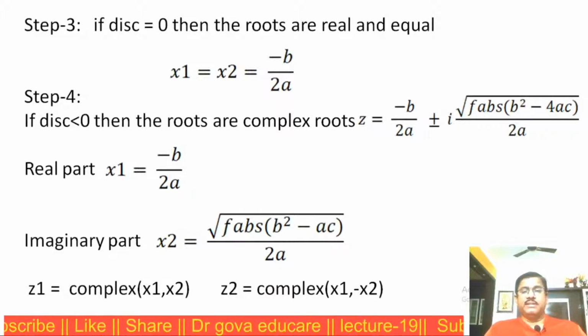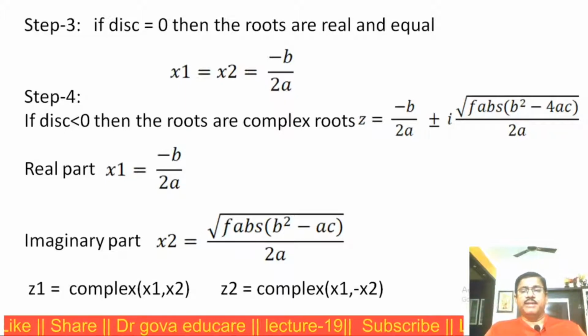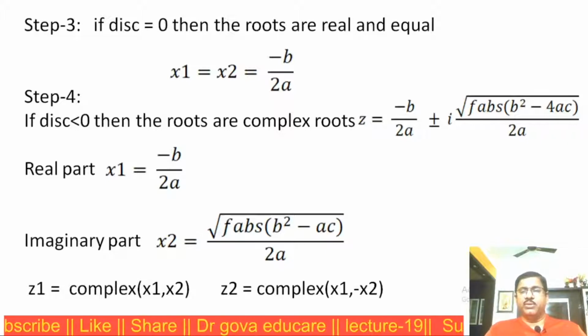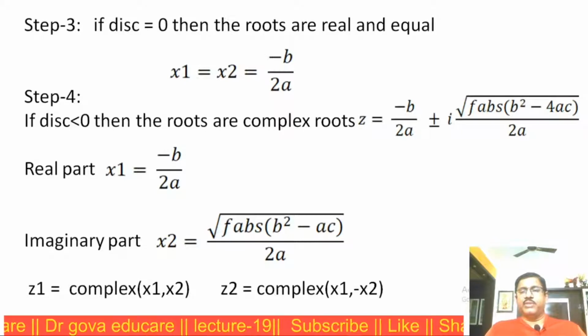That is, z is equal to minus b by 2a plus or minus i into square root of fabs of b square minus 4ac by 2a. I am using fabs because b square minus 4ac is negative, and fabs converts it into a positive value.